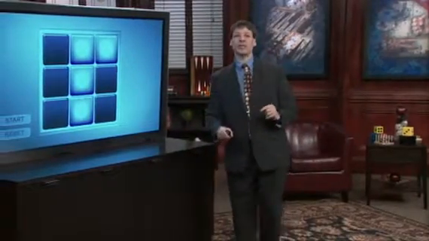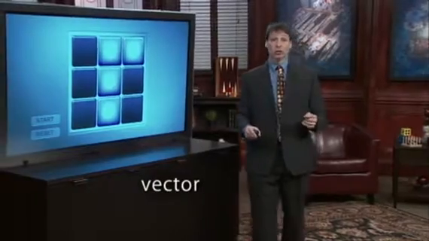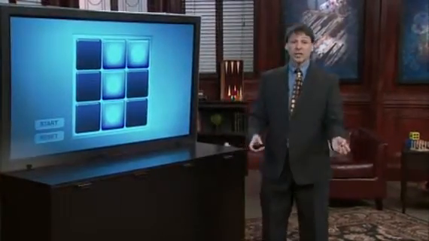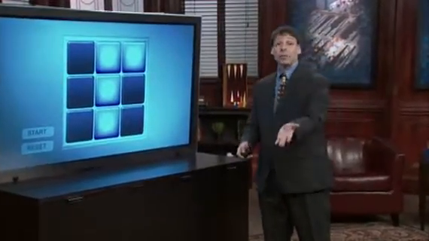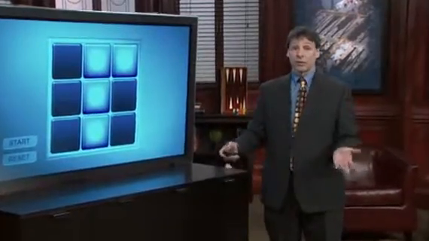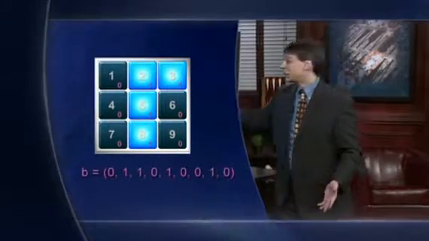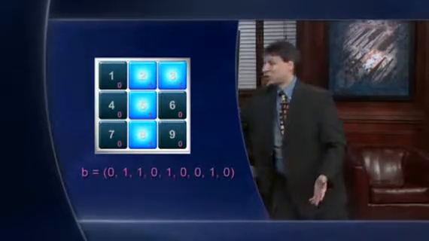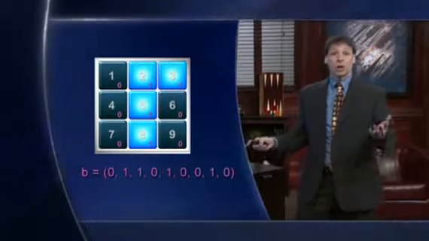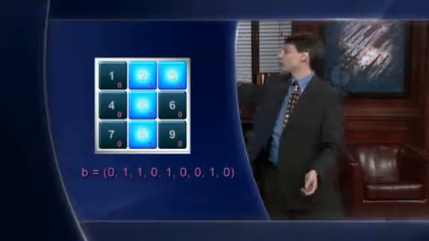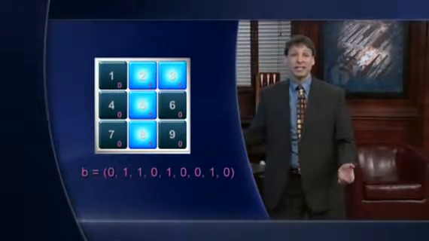First of all, every position can be represented by a vector of zeros and ones, where 0 means that a light is off and 1 means that a light is on. For example, our beginning position here would have vector representation 0, 1, 1, 0, 1, 0, 0, 1, 0, where we have a 1 in positions 2, 3, 5, and 8.